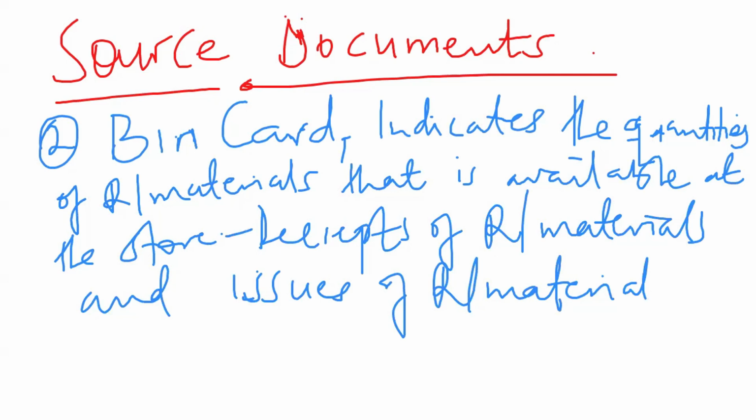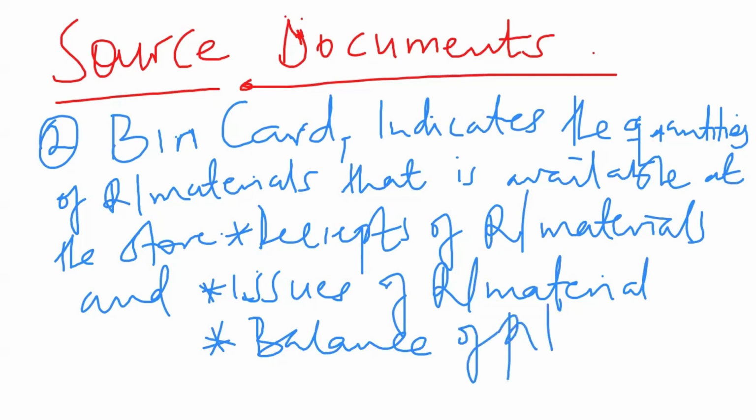These are the key things we need to look at: the issues, the receipts, and at the same time you will also have the balance of raw materials. In other words, what we have at hand, and that's what we call a bin card. So it is very easy, and it is just all about quantities, not even the monetary figures.